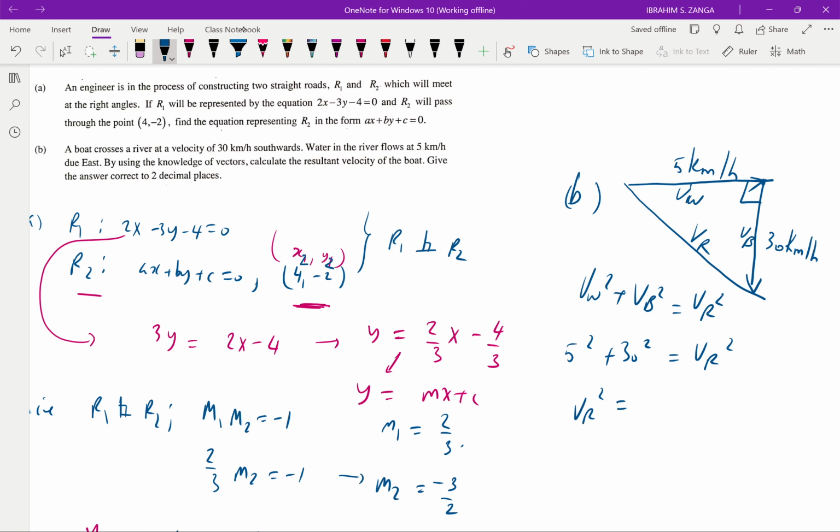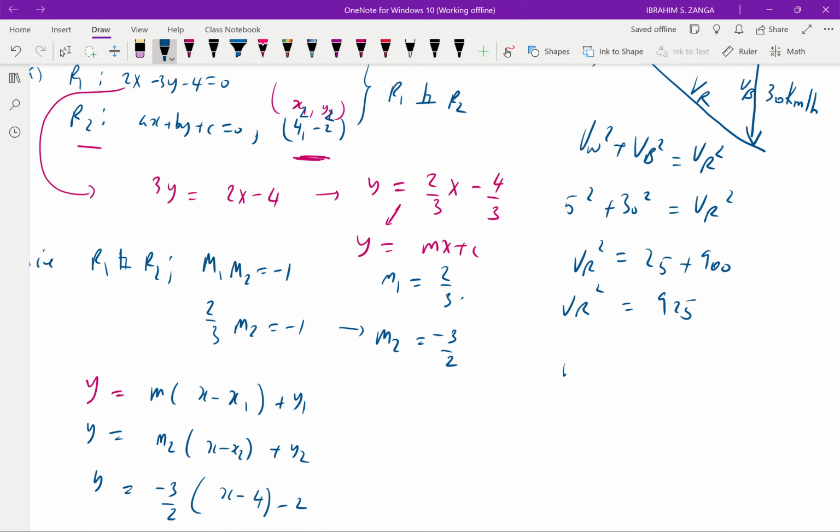VR squared will be 25 plus 900. VR squared will be 925. So VR will be the square root of 925. The result is in kilometers per hour. So VR, what we are going to do is find the square root of 925.